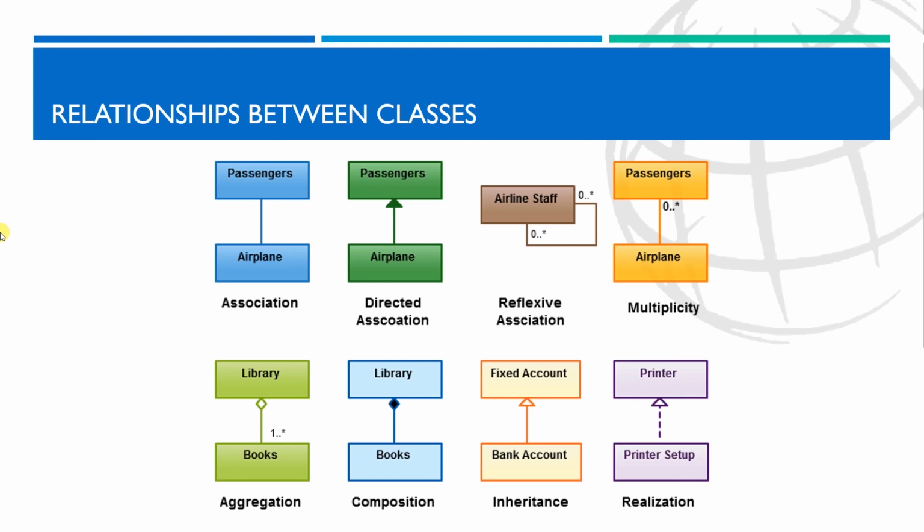For example, a shoulder bag's side pocket will also cease to exist once the shoulder bag is destroyed. To show a composition relationship in the UML diagram, use a directional line connecting the two classes with a filled diamond shape adjacent to the container class and the directional arrow to the contained class.